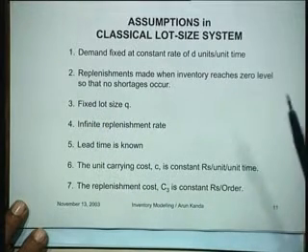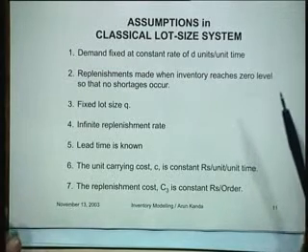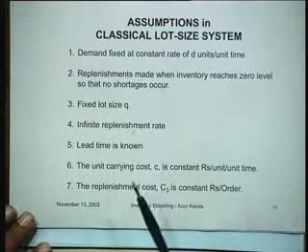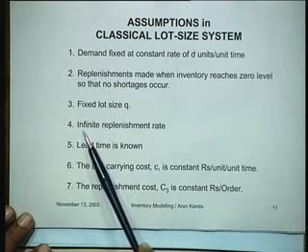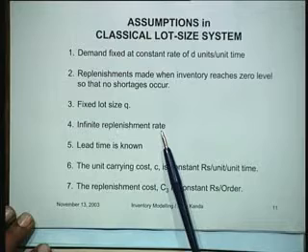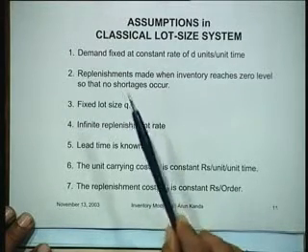That means the quantity in which you place the order every time is Q, which could be a truckload or whatever, it's a fixed quantity. There is infinite replenishment rate, which means the moment the order comes, the stock level rises suddenly.